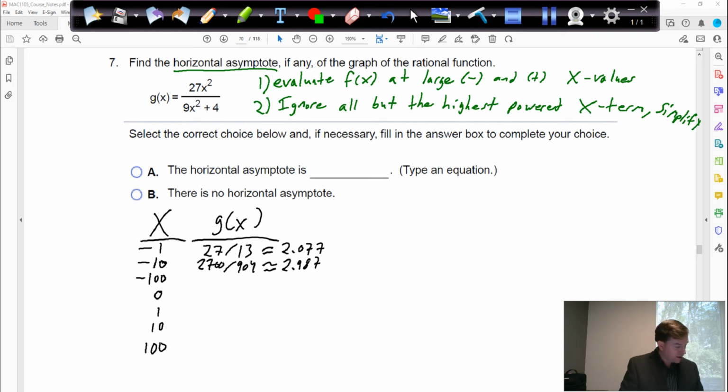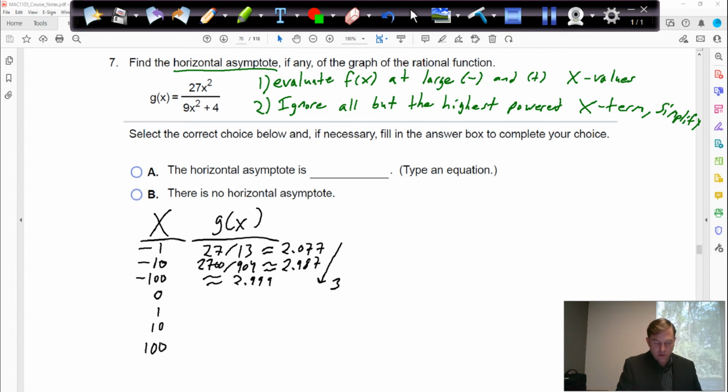But let's just write the answer. You get approximately 2.999. Now notice these numbers, they are approaching 3. So 2.987, 2.999, and then if you pick negative 1,000, you'll get a bunch of 9s.